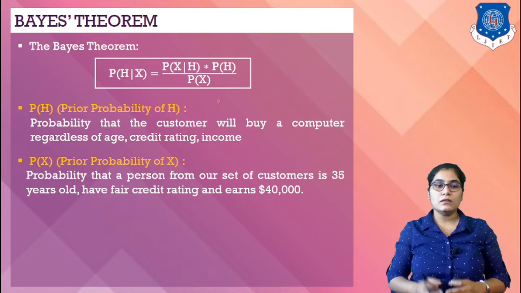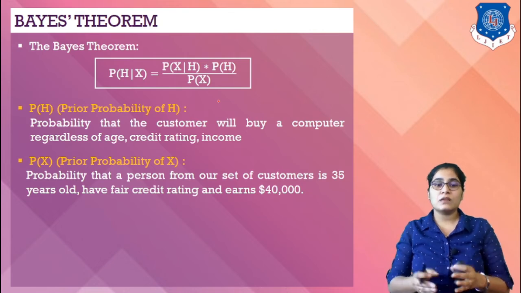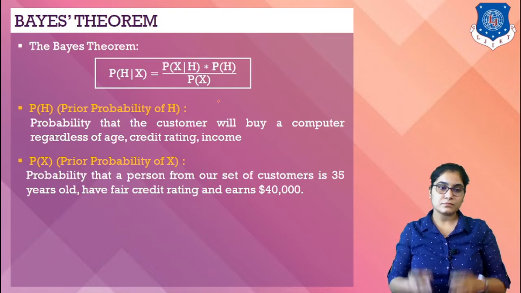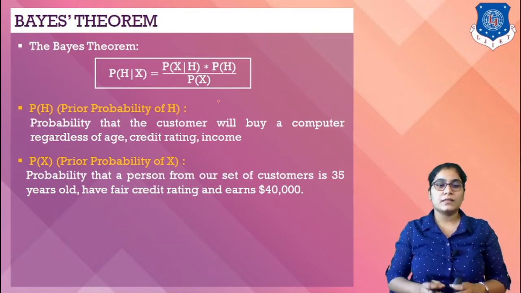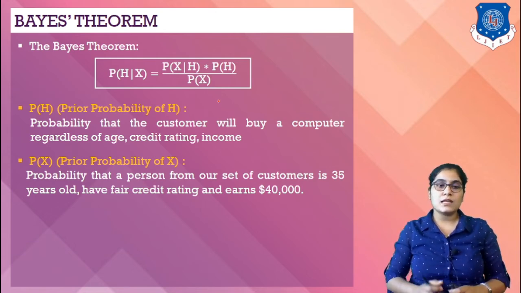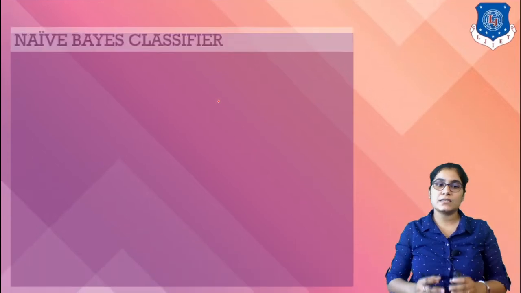The next two notations are P(H), which is known as the prior probability of H: the probability that the customer will buy a computer regardless of age, credit rating, income, etc. Here age, credit rating and income are the attributes of customer X. Next, P(X), which is known as the prior probability of X. That is the probability that a person from our set of customers is 35 years old, has a fair credit rating and earns $40,000.